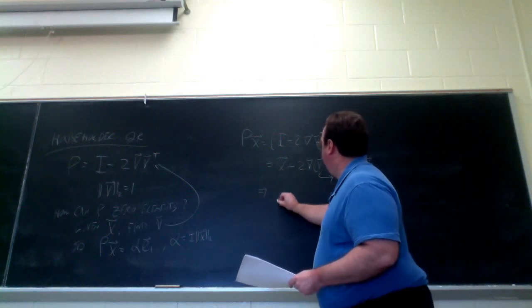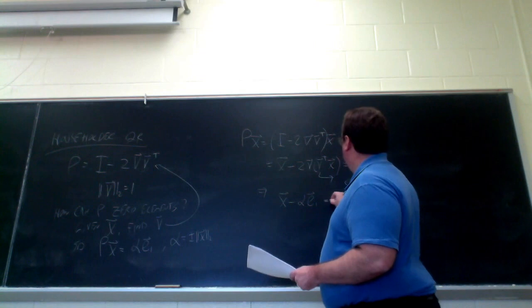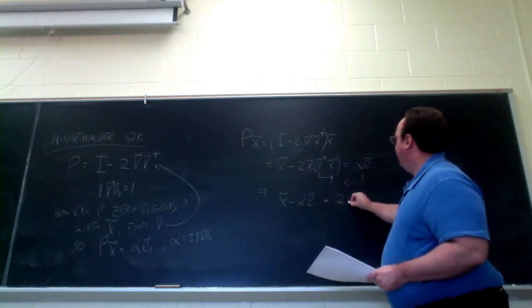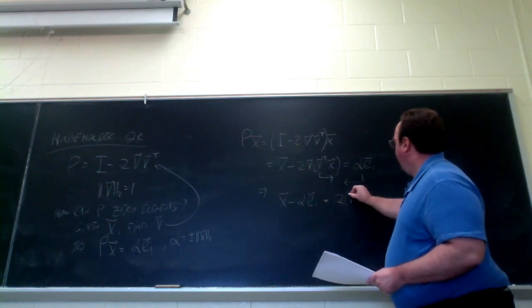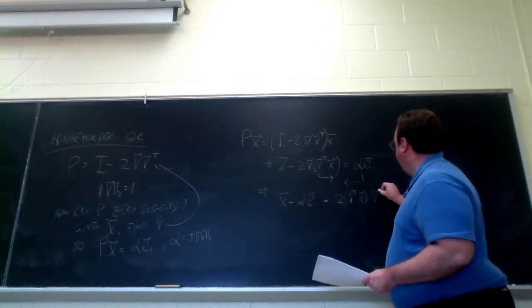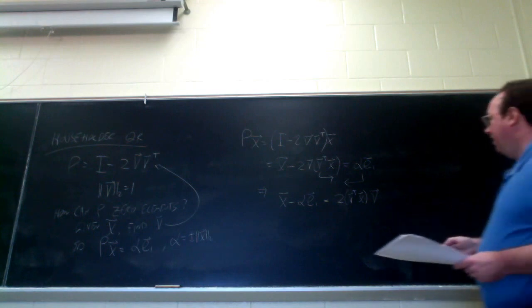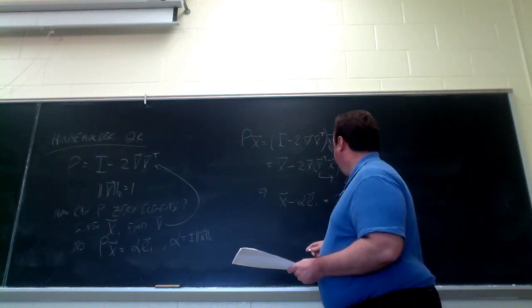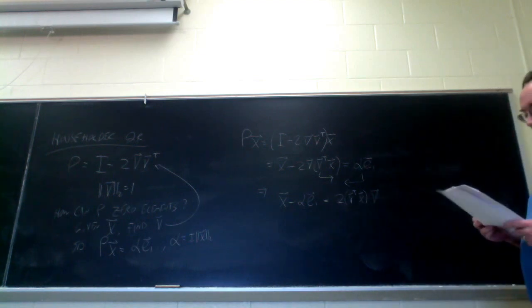So I have x minus alpha e1 is equal to 2V times V transpose x. Because V transpose x is a number, I can put that wherever I want, and then we have V. Actually, I'll just leave it like this. Okay.